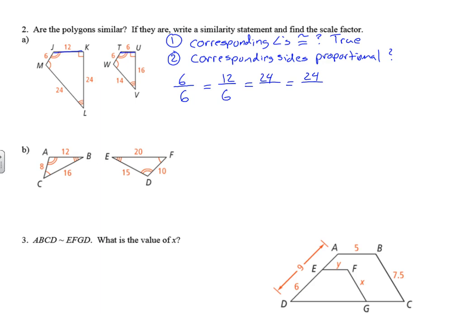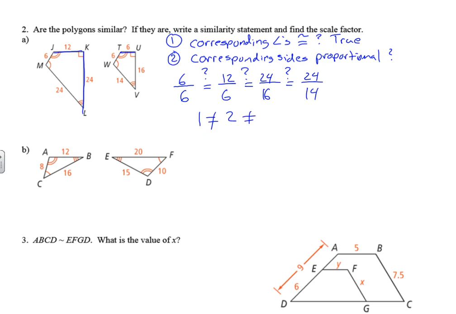All right, and then I'm just kind of working my way around. Here the next side, 24, is 16, okay, and then 14 is our last side. So again, these are all question marks. Are these equal to each other? So we go ahead and we reduce that, and does 1 equal 2? No, it doesn't equal 2.